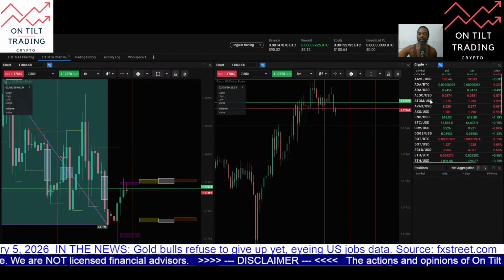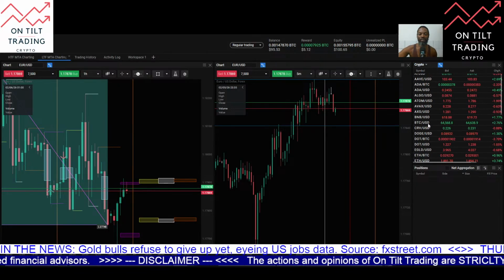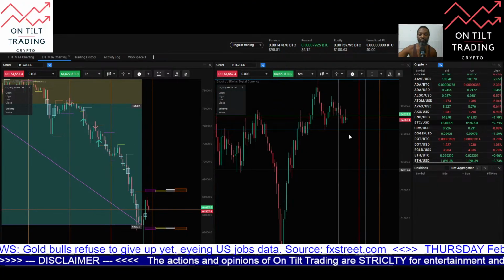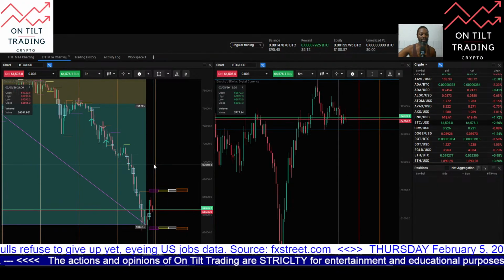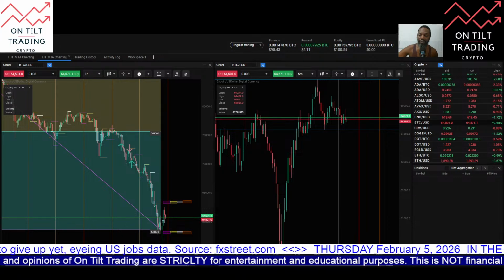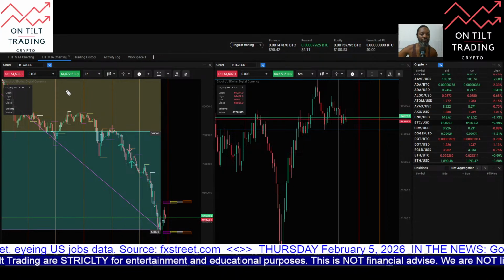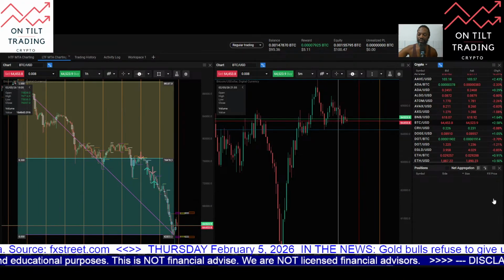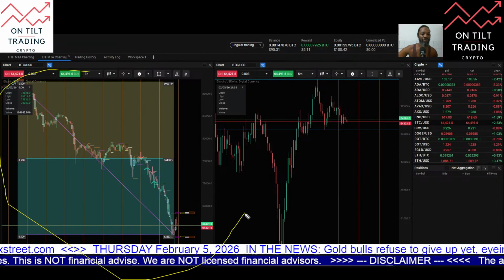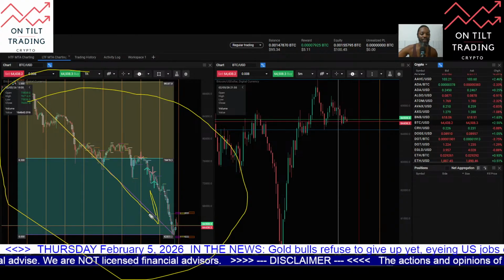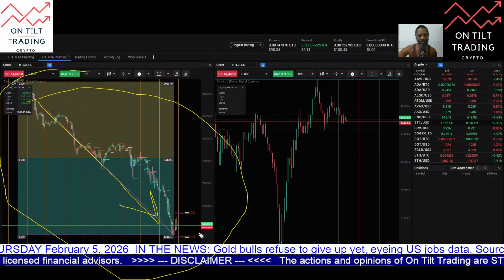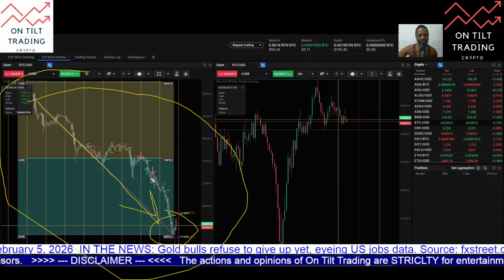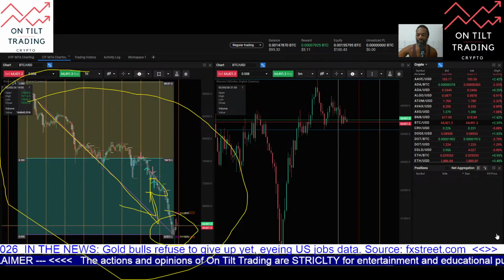And I was having a look at Bitcoin, but Bitcoin looks to be setting up a little differently. You can see the dealing range here, a much larger dealing range, sell side delivery, and price trading low within the range in discount.